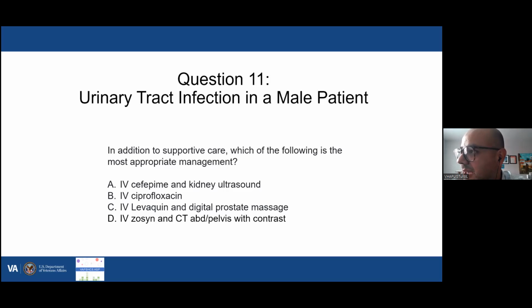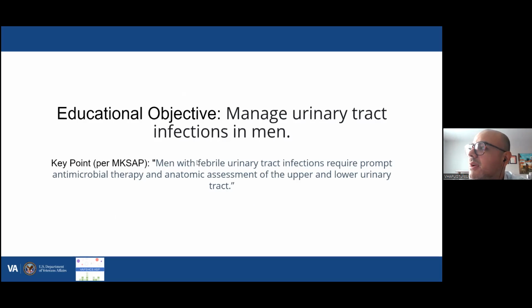A spread. IV cefepime and kidney ultrasound had most votes, and that's the correct answer. Yeah, so the teaching point here is that men that have UTIs and are very sick should get a renal ultrasound to exclude any structural abnormalities, kidney stones, abscesses, things that you need to source control. And that's a teaching point here.